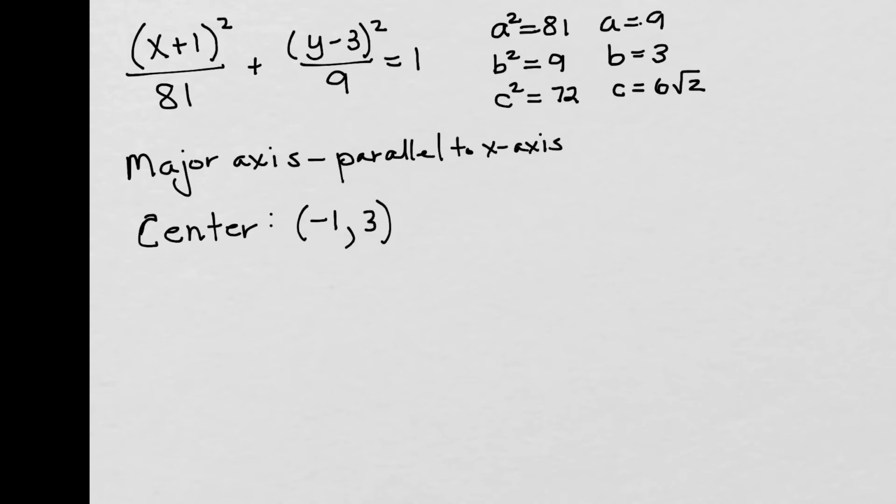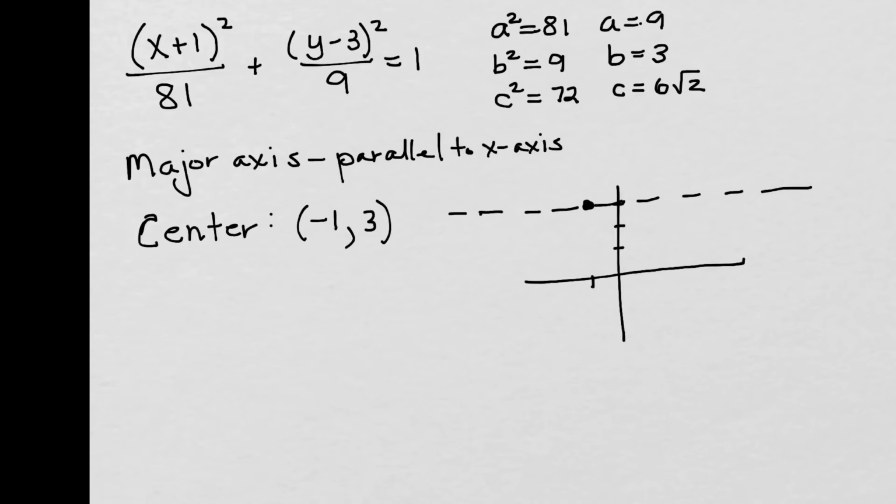So there's my center. I always start with the center because then the foci and the vertices are going to follow from there. So the foci, how I find the foci, I like to sketch the graph very roughly. So I've got my center here at -1 comma 3, and I know that my major axis is parallel to the x-axis, which means that my foci and vertices are all going to lie on this horizontal line y equals 3. So what are they?